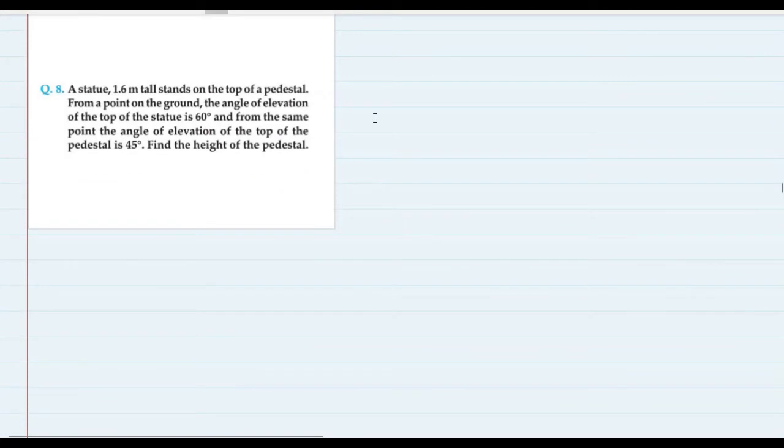A statue 1.6 meters tall stands on the top of a pedestal. Okay, pedestal means a platform kind of thing. So let's say this is a pedestal, and on the top of this pedestal there is a statue.